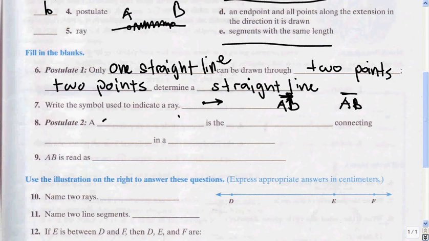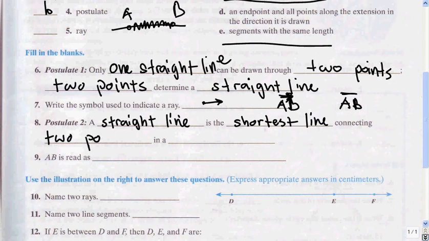Postulate 2 is a straight line is the shortest line connecting 2 points in a plane. AB is read as line AB.